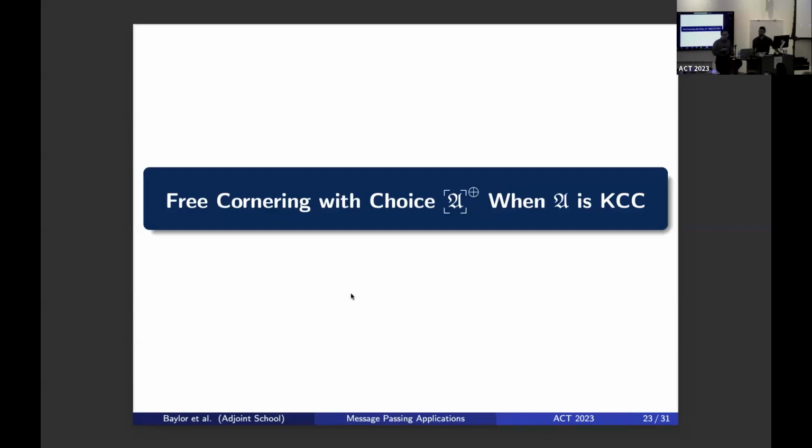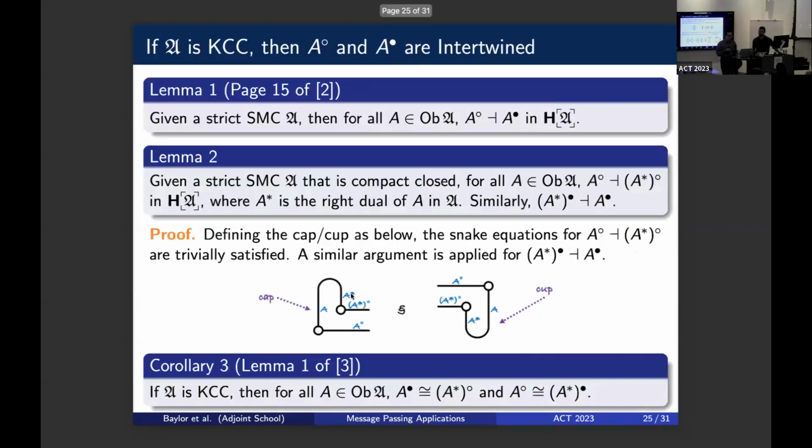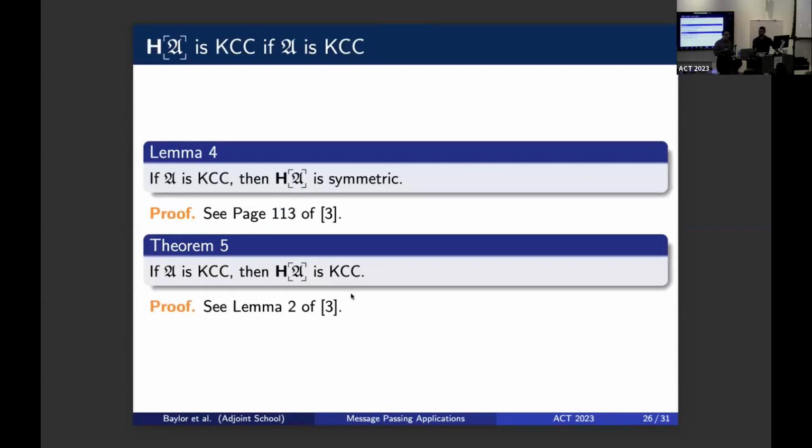I won't go over all the proofs, but one of the things that Chad Nester showed, I think back in 2022, is that if the base category is compact closed, then if you just take the horizontal component of the free cornering, and what that means is just the collection of cells that are purely horizontal, then you get a symmetric monoidal category, and you get a category that is compact closed, more importantly.